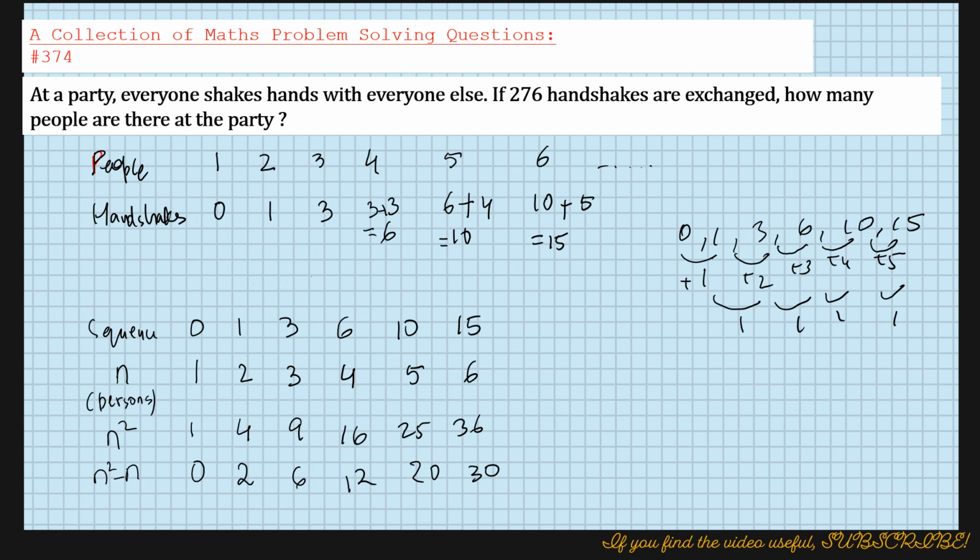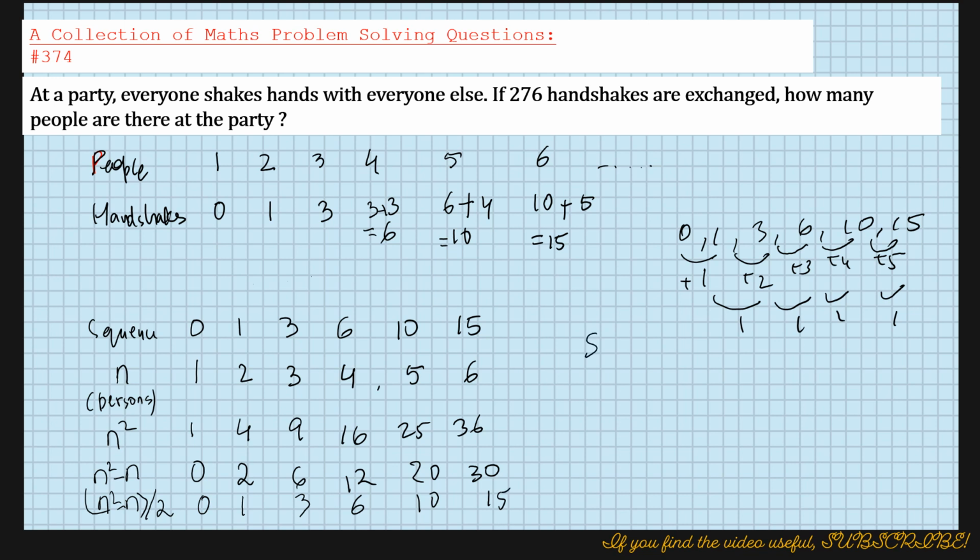So then you see, if it's n square minus n divided by 2, you'd get 0, 1, 3, 6, 10, and 15. See, we get back the original sequence.